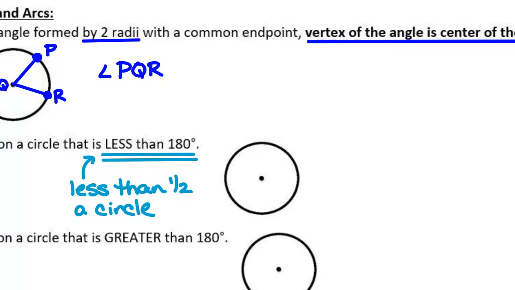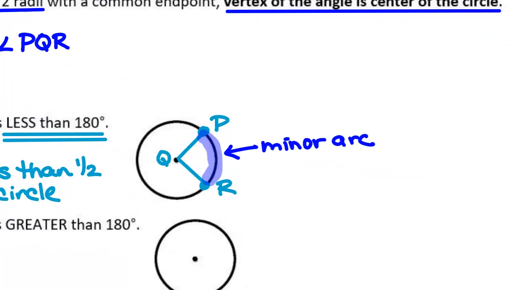So for example, if I have central angle PQR, then this right here would be my minor arc. We write the two endpoints of the arc.